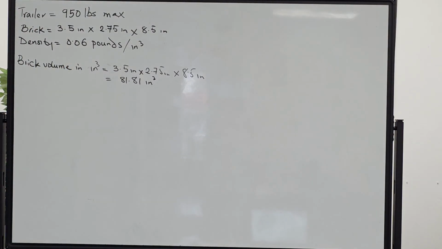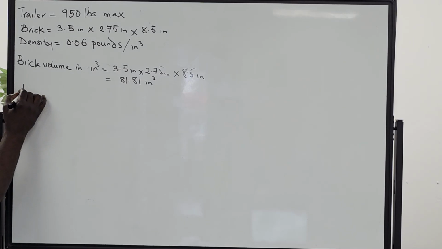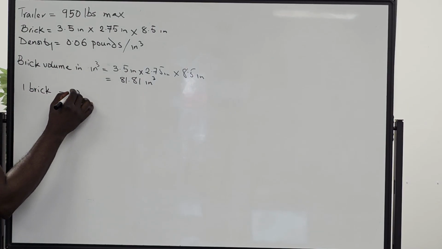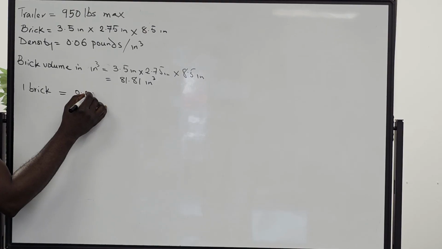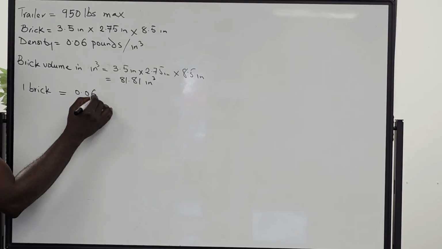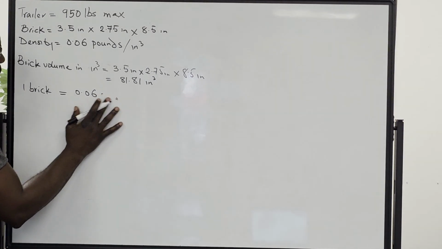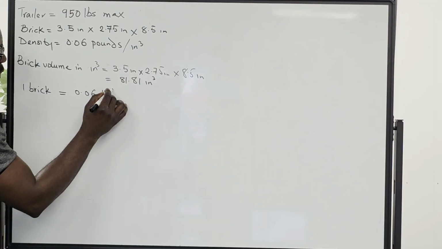This is for one brick. So now we can find the mass of that one brick. We know one brick density is 0.06 pounds per inch cube.